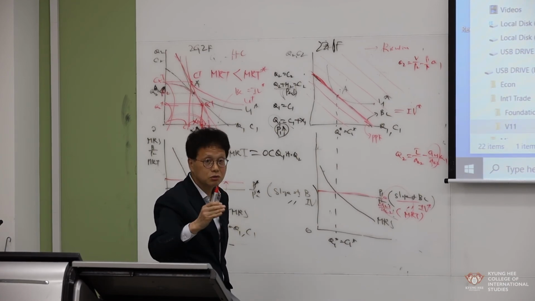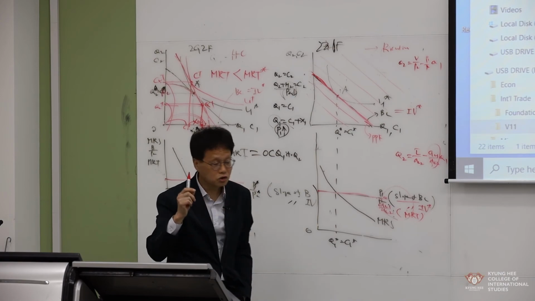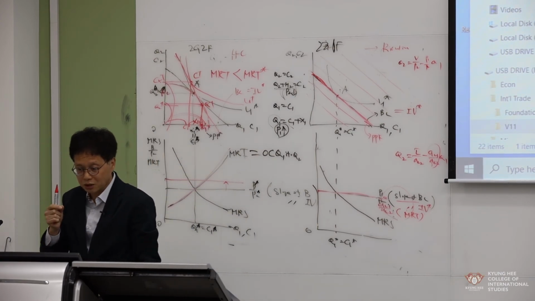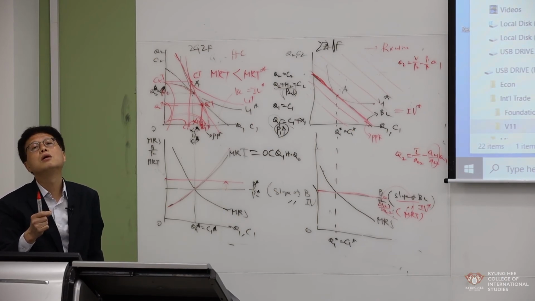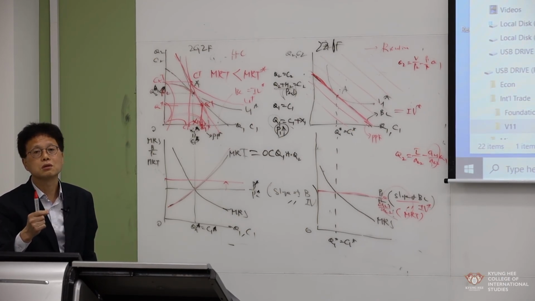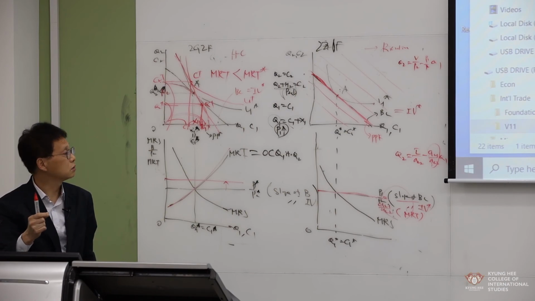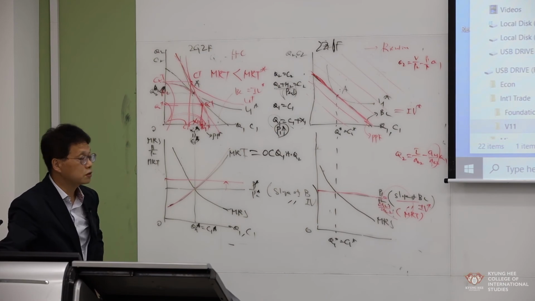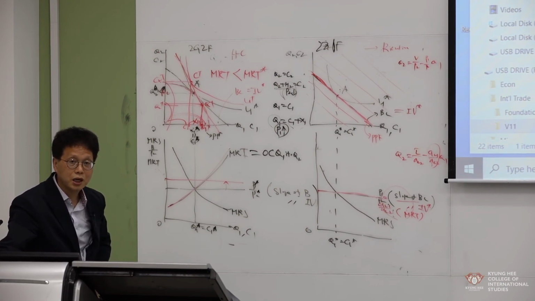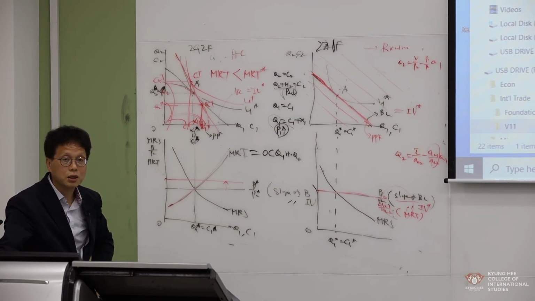So P1 over P2 increases. Then consumers have to solve the utility maximization problem again to find new consumption bundles of the two goods, C1T and C2T. And the country or firm has to solve the value maximization problem again because the relative price changes.